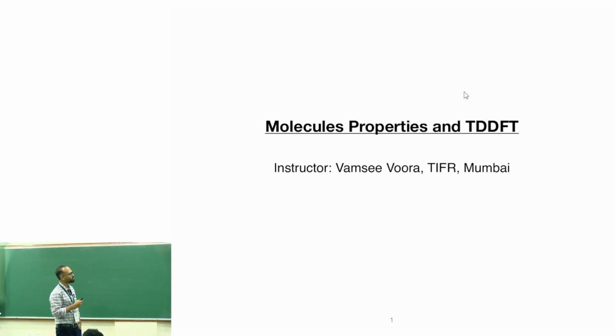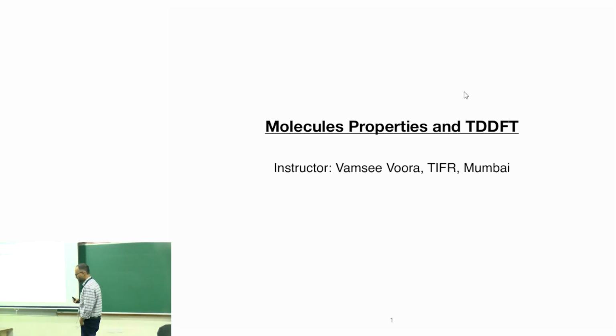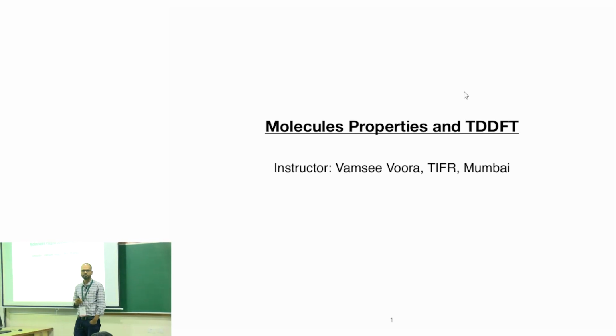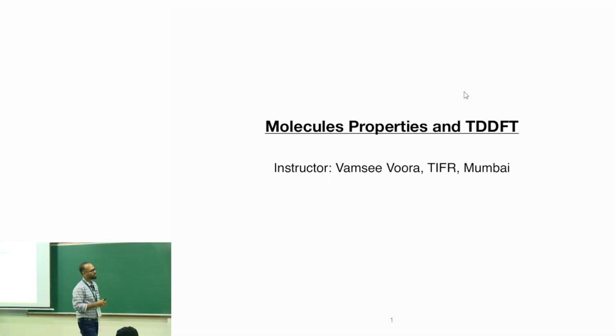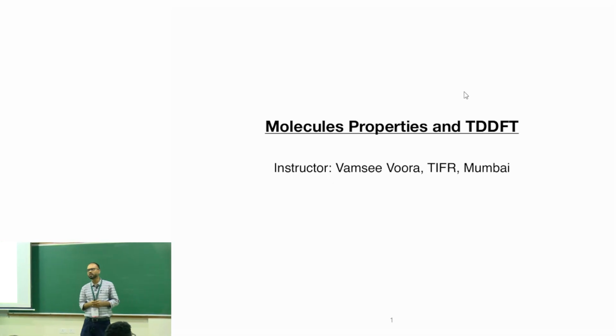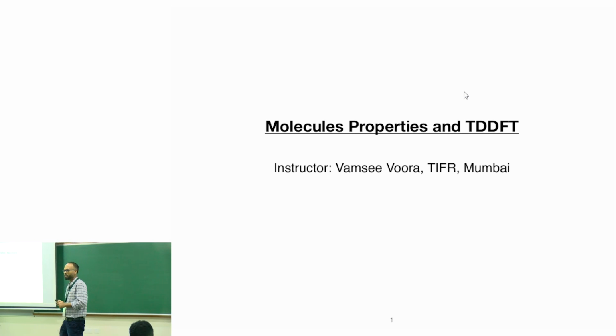So, I think in the previous lecture, you got a flavor of time-dependent DFT. It was somewhat of a compact representation of the field for the last 30, 40 years. What I will do is focus on one small aspect, which is called linear response time-dependent DFT.